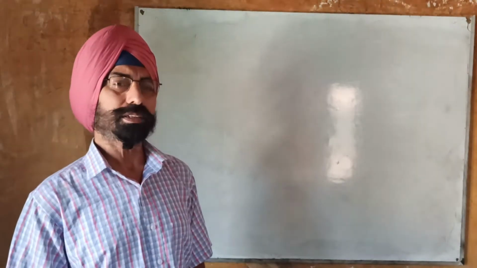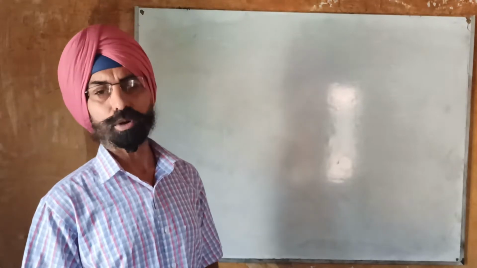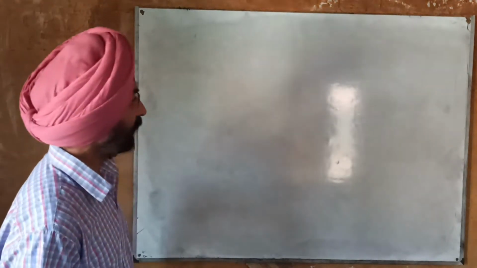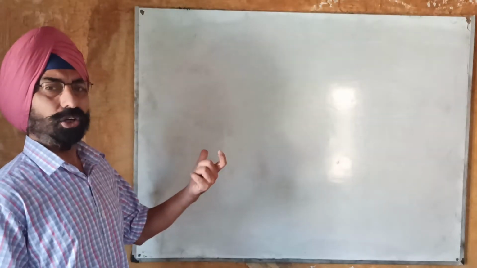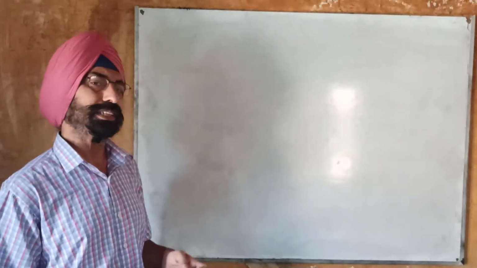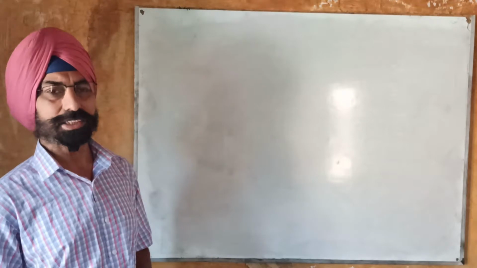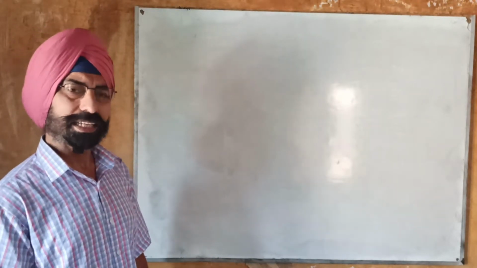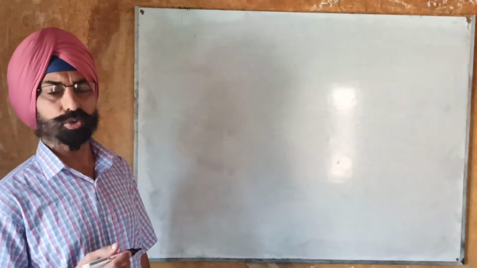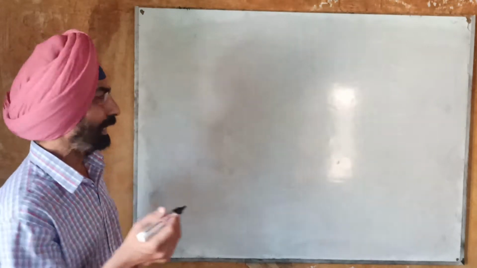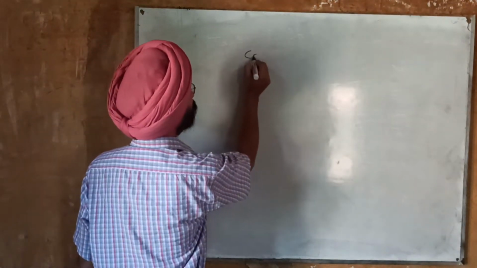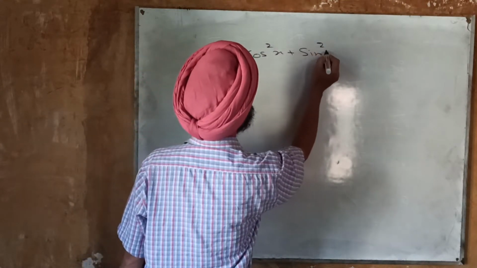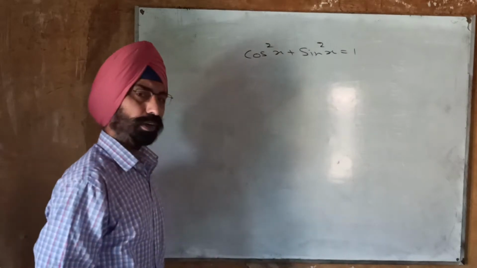So now the topic is the properties of trigonometric functions. We have learned what the trigonometric functions are: sine theta, cos theta, tan theta, secant, cosecant and cot theta. There are some basic identities which you must have learned in your 9th or 10th class: cos square x plus sine square x is equal to 1.